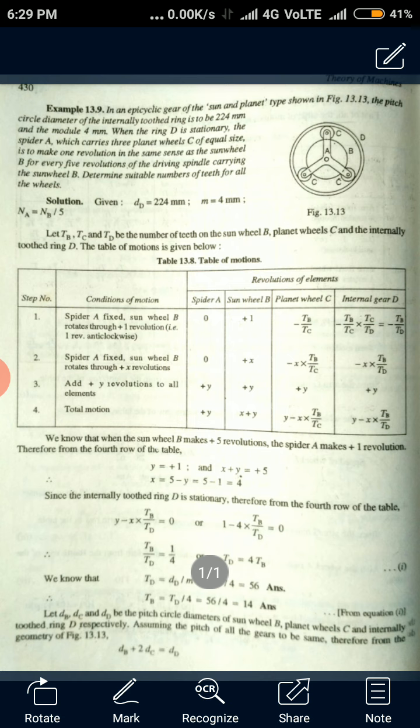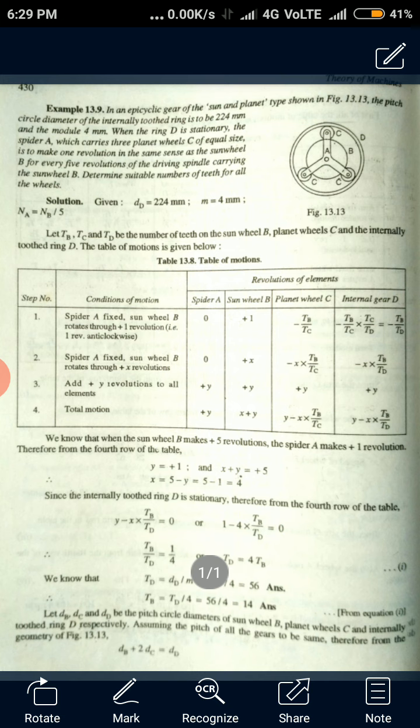Now, what other parameter has he given you? He has given that the diameter of the internal gear D is 224 and module equal to 4 mm. You know the relation: diameter is equal to module into number of teeth, or the number of teeth on a gear equals diameter by module.